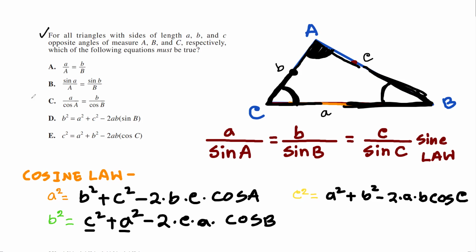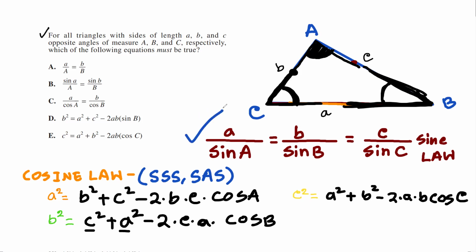And this cosine law is applicable for those triangles which follow SSS and SAS. Only for these two kinds of triangles can we apply the cosine law. For the rest, like ASA, AAS, and the other kinds of triangles, you can apply the sine law.